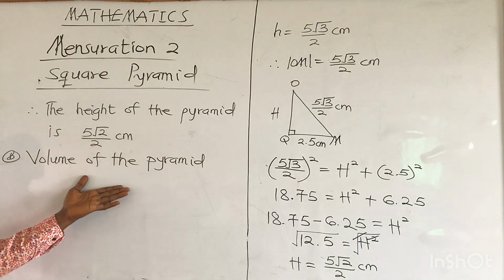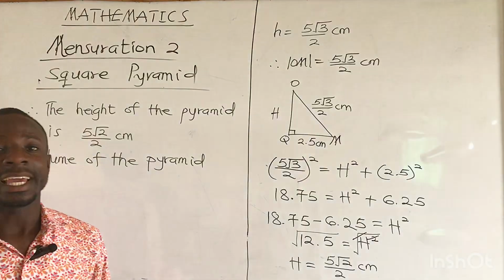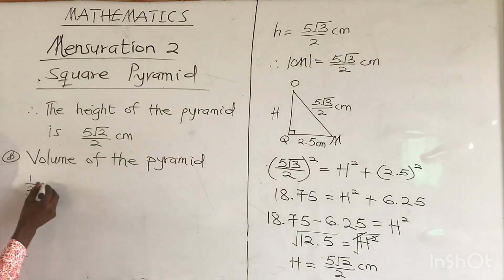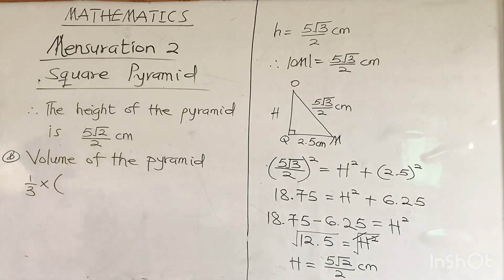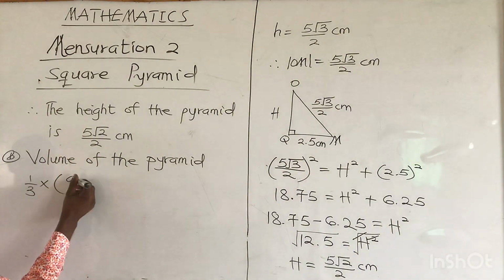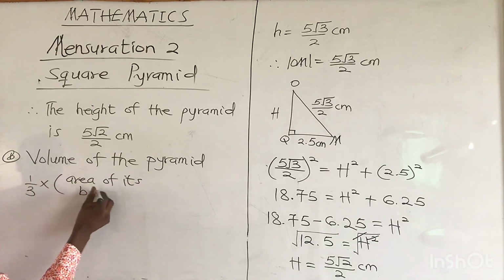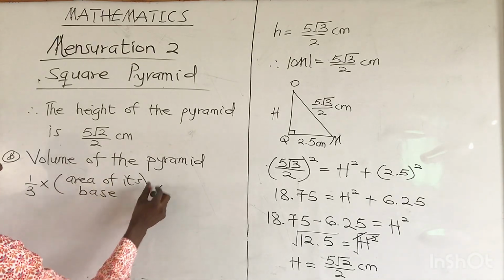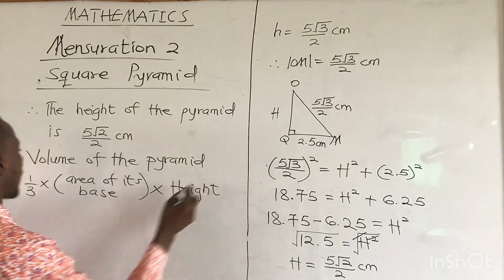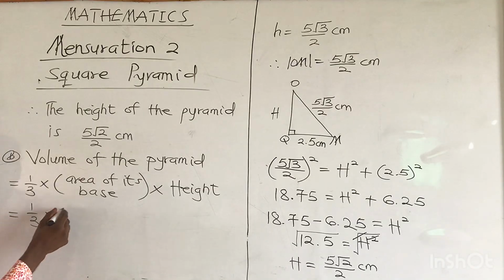Now, in finding the volume of the pyramid, since the pyramid is a square pyramid, then it is 1 over 3 multiplying area of its base, area of its base times the height of the pyramid. So we have 1 over 3 times.